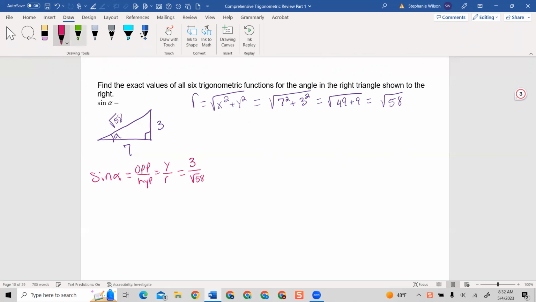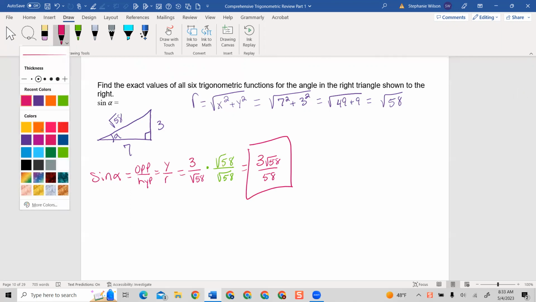Of course, our final answer can't have square root in the denominator, so I'm going to multiply by its conjugate. So now I have 3 square root of 58 over 58, and that is my final answer because it doesn't reduce. You can always try to see if 3 will go in 58, but it won't. But I encourage you to try.